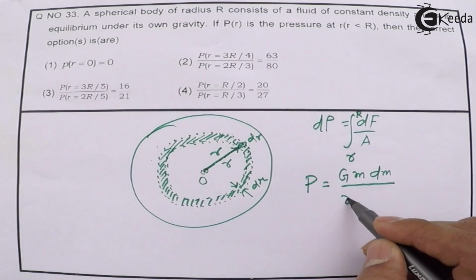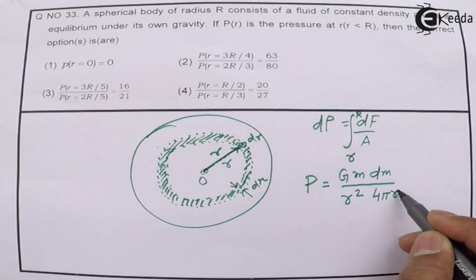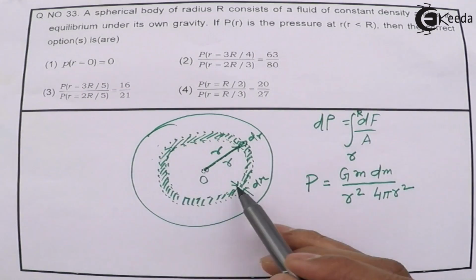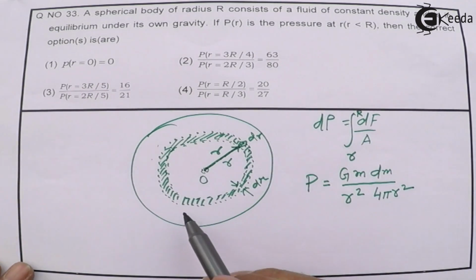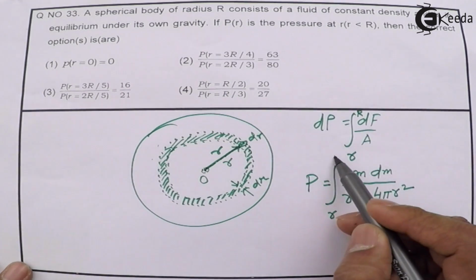This force is distributed over the area 4 pi r square. Integration from r to R.